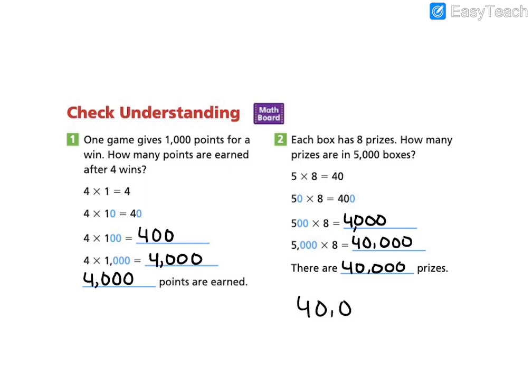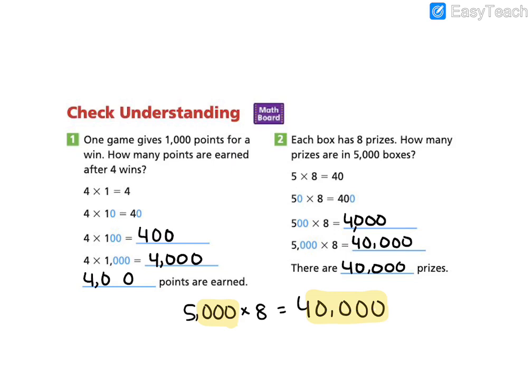In that last problem that we looked at on the Step It Out, it told us that we can use our zeros in our factors to help us solve. Right? So 5,000 times 8 is 40,000. Now if you notice, I have 3 zeros in my factor. I have 4 zeros in my product.